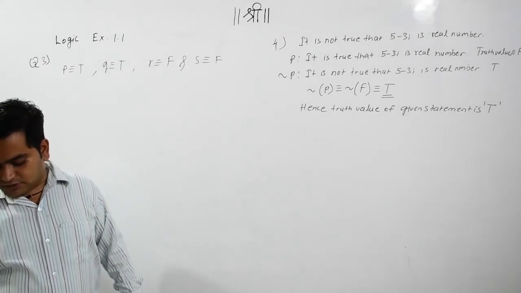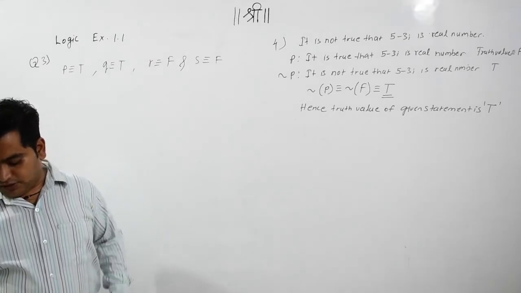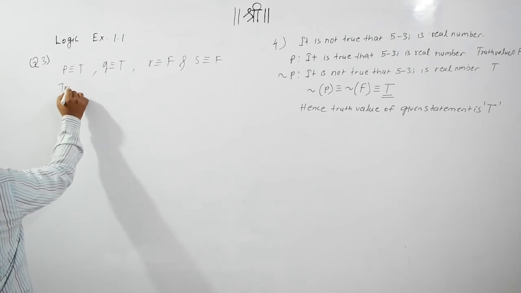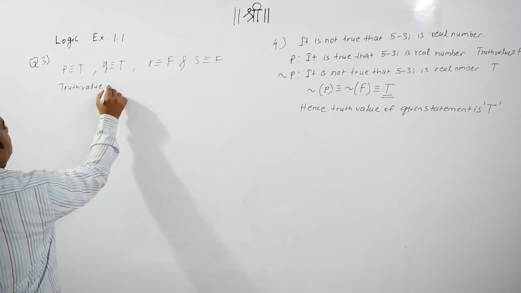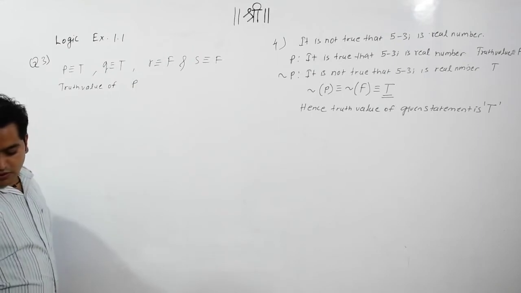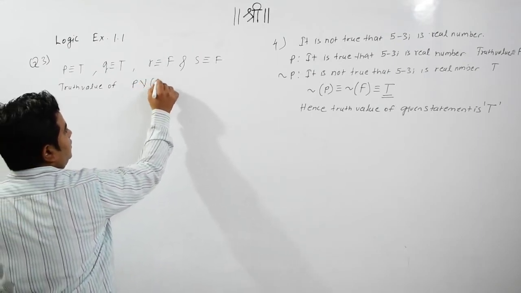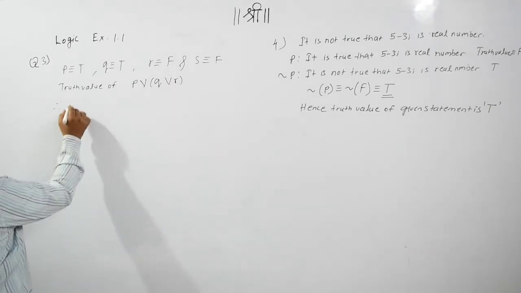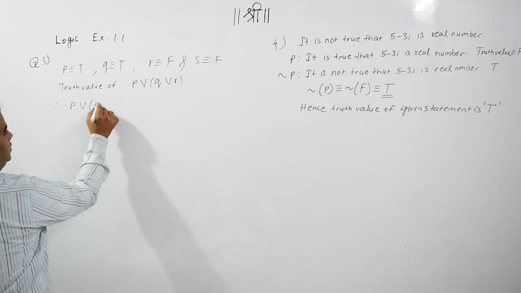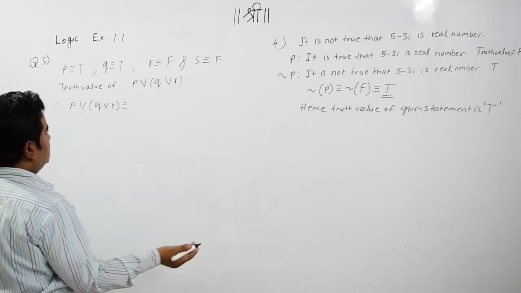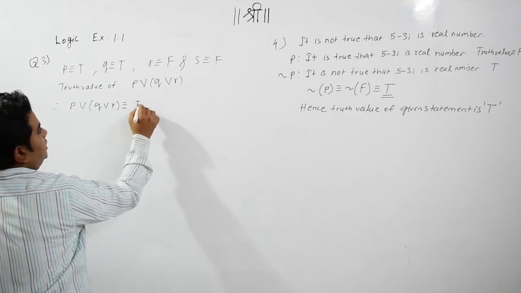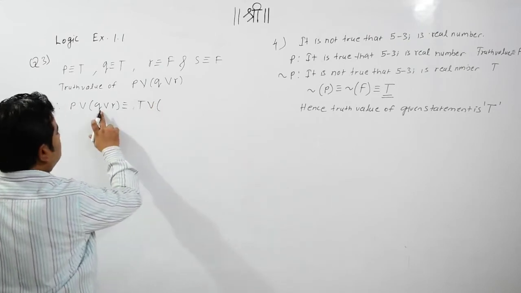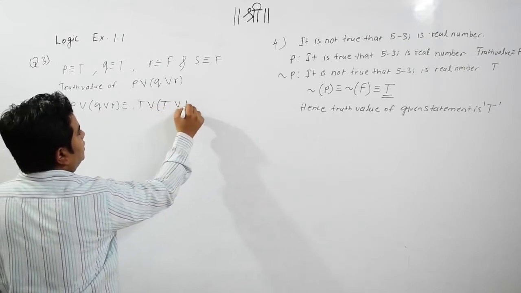Now we need to find the truth value of P or (Q or R). We substitute like this: P or (Q or R) is equivalent to T or (T or F).